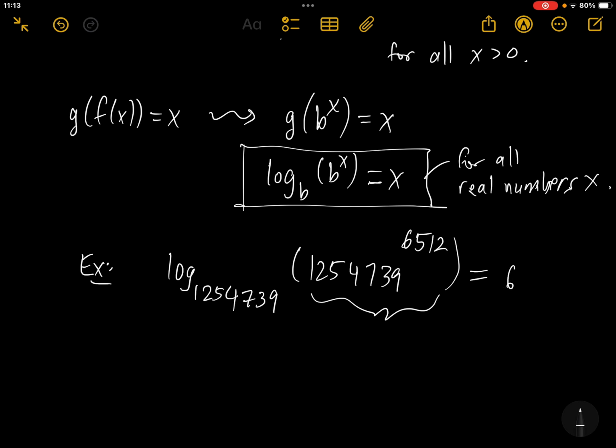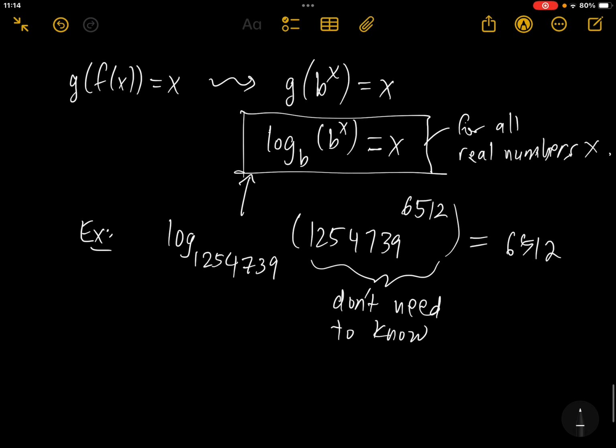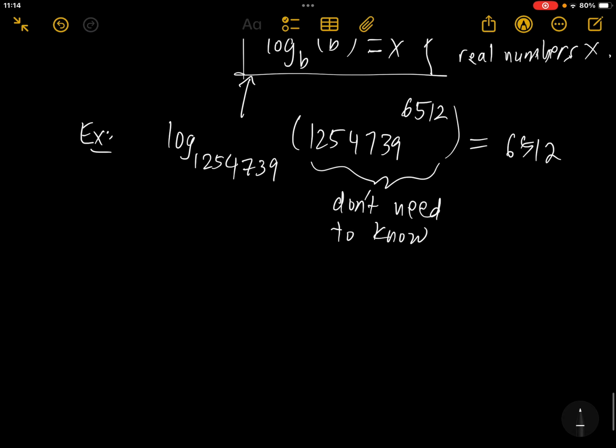You just know that the answer is going to be 6,512. The log sub this number of that number raised to 6512 is 6512, using this property: log sub b of b to the x is just x.